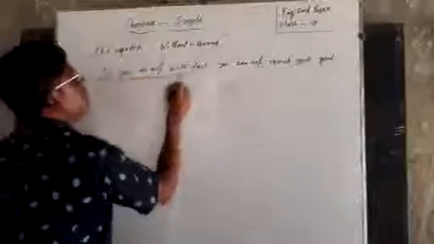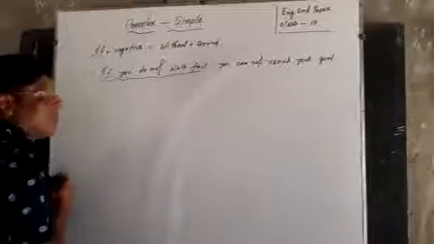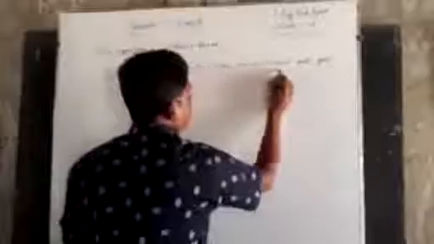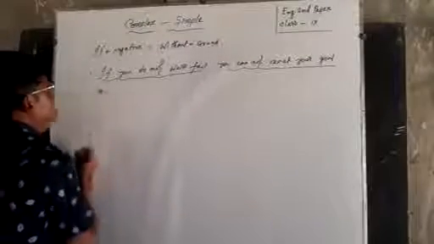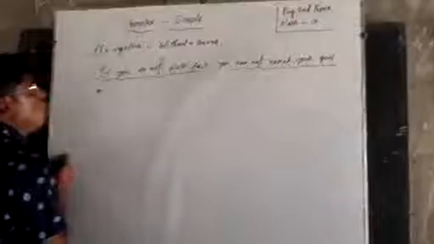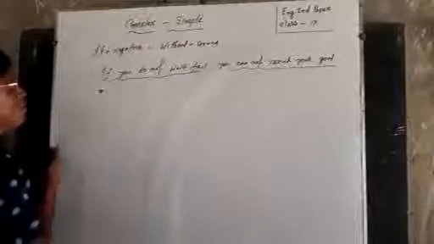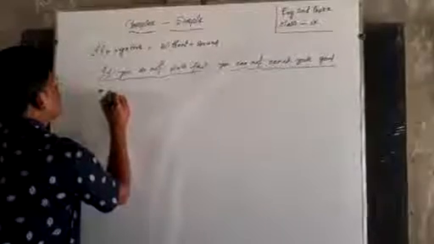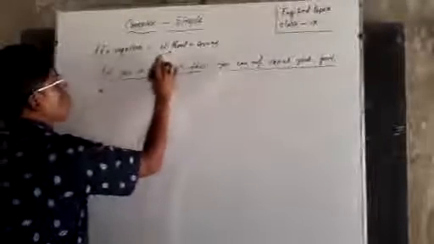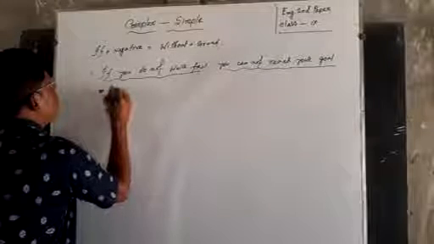Here, "if you do not walk fast" is a subordinate clause and "you cannot reach your goal" is a principal clause. Here the subordinate clause is turned into a phrase, and this is the main rule of transforming a complex sentence into a simple sentence. You can use this rule, "without" plus gerund, because "if" plus negative is present here.